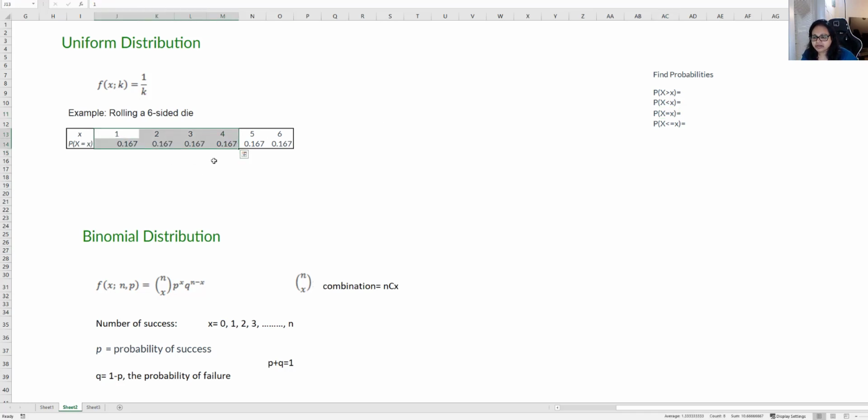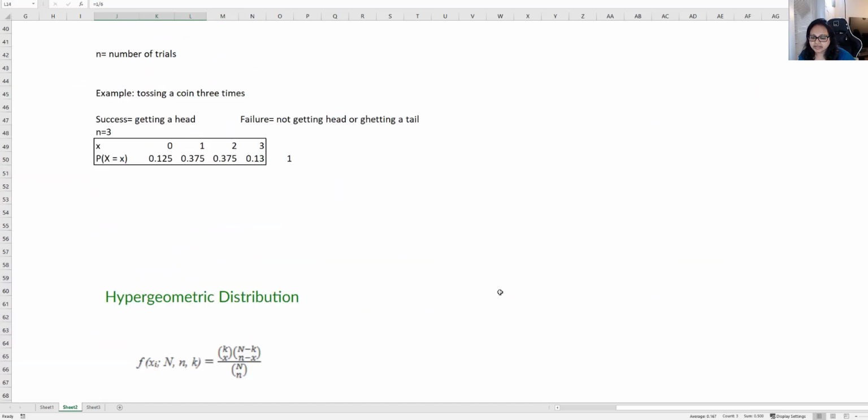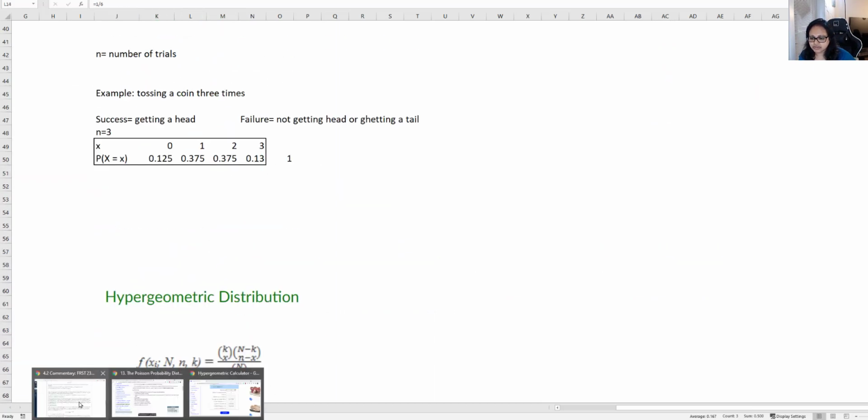So if I talk about getting only 4, that means this is the probability. Getting less than 4, you have to add all these 3 probabilities. Same thing for binomial, same thing for hypergeometric and other distributions that I showed you today.